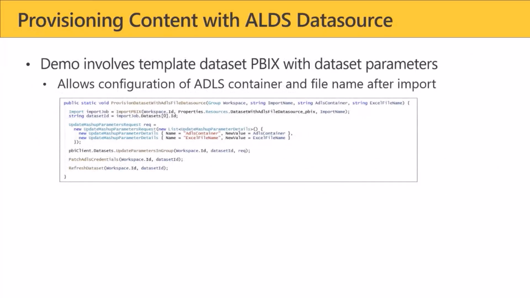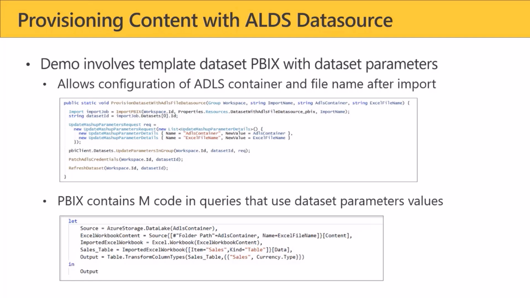Now, as I mentioned, I want to create a PBIX data set in Power BI Desktop that's not hard coded to one particular ADLS container or one particular file name. So the demo is based on being able to set these parameters. That's why those 2 different reports and their underlying data sets are showing different data.